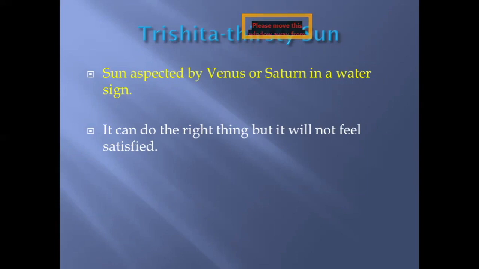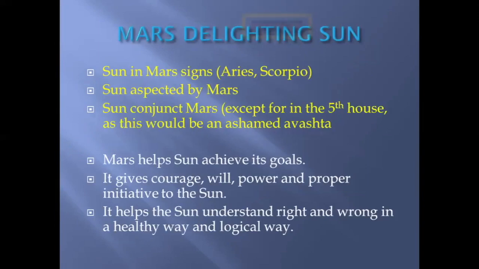So the sun will tend to do the right thing, but it will not feel satisfied. Yes, the thirsty Avashta is always very similar to starvation, but not as strong.